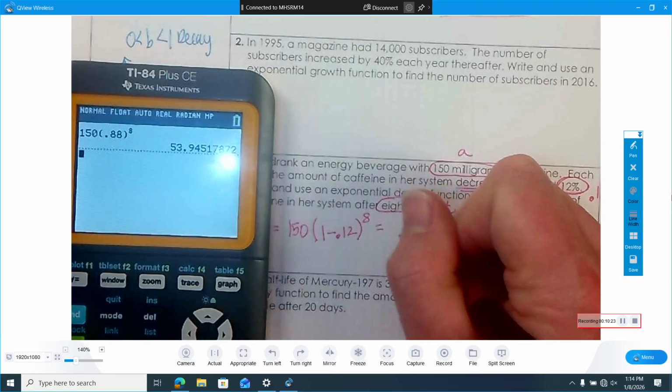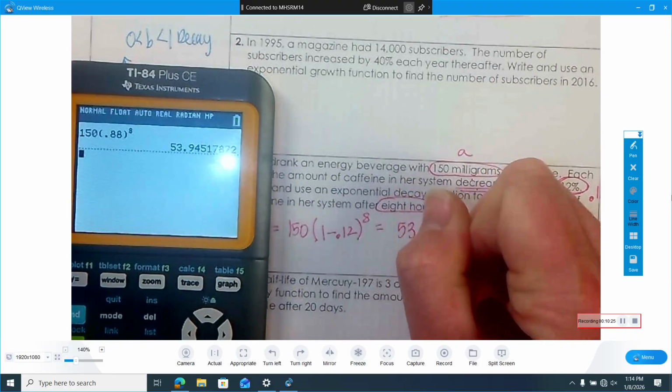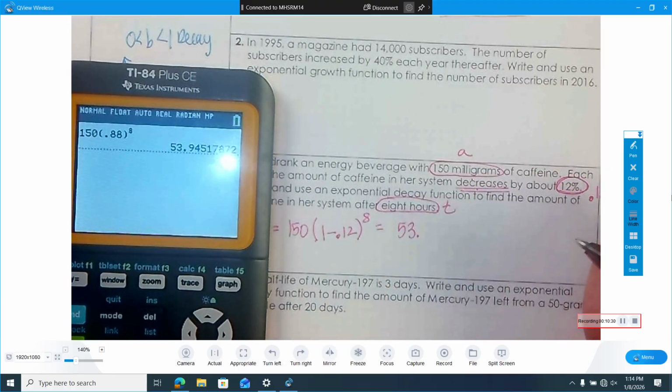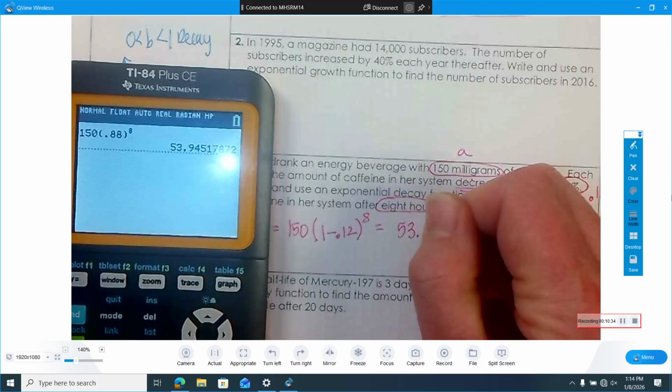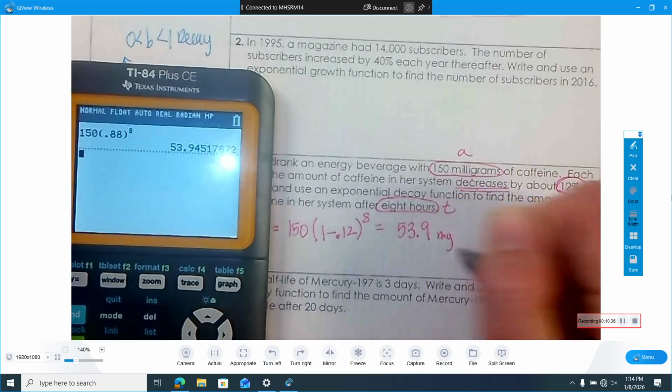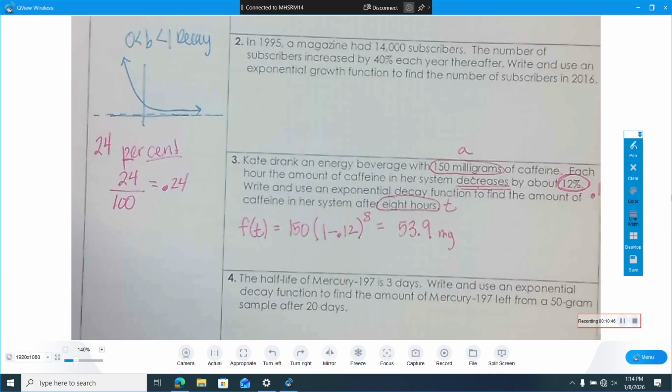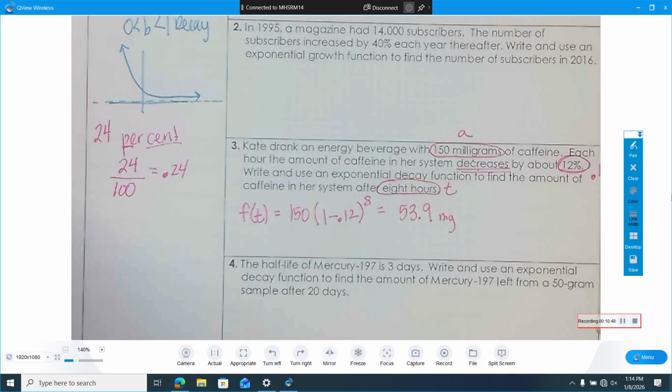Okay, good. Over 8 hours, caffeine only decreases by 100. This seems crazy, huh? Or is that real? I really don't know what it is. Wow, how do you know how to do that?